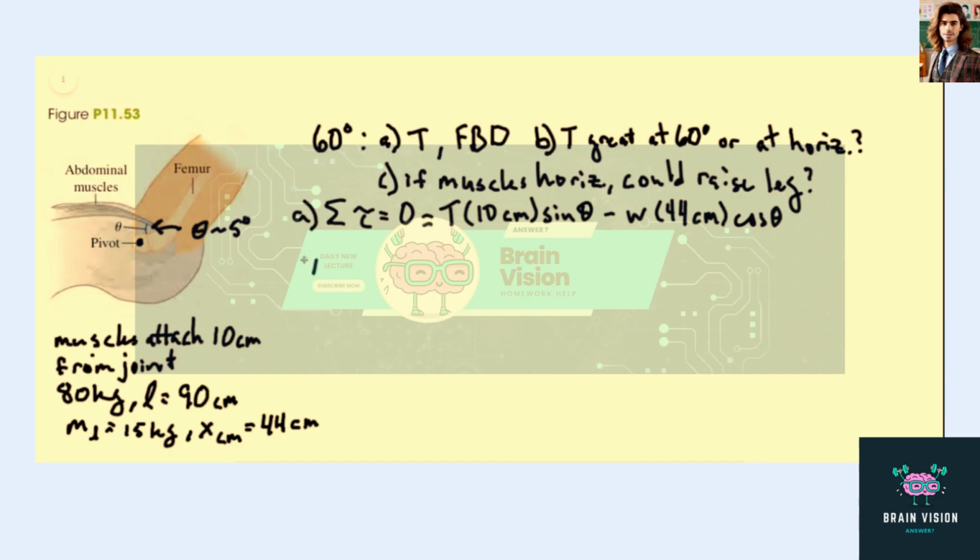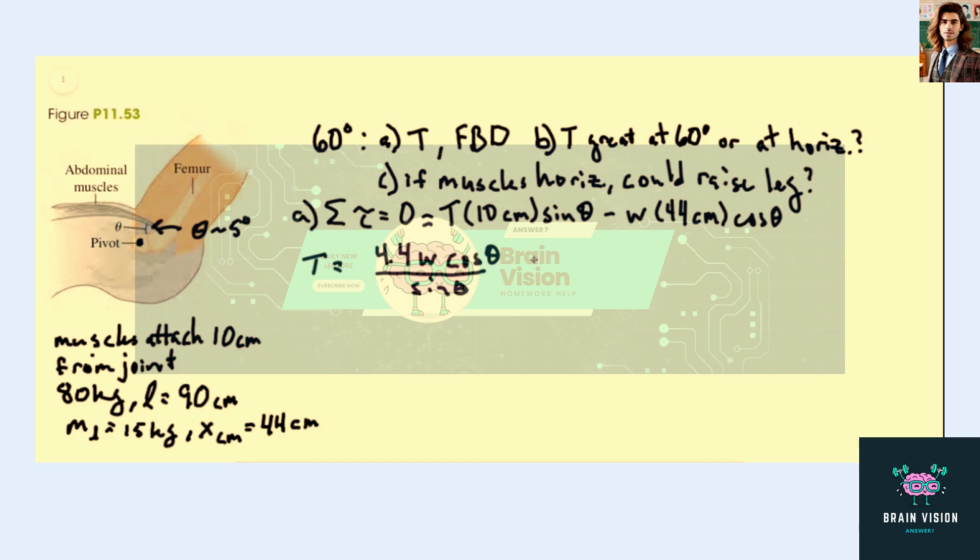And so then the tension, if we solve this, is going to be 4.4 times the weight of the leg times the cosine of theta divided by the sine of theta, so 4.4 times the weight times the cotangent of theta.